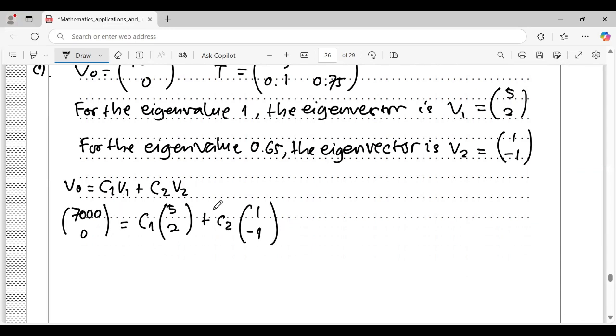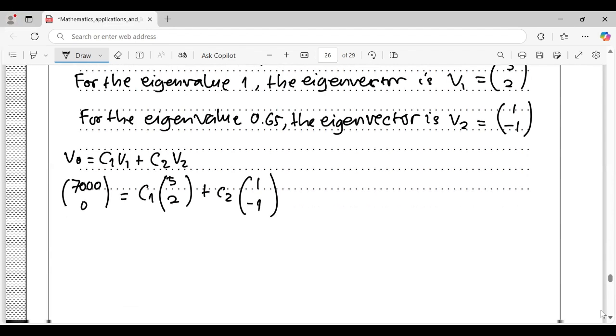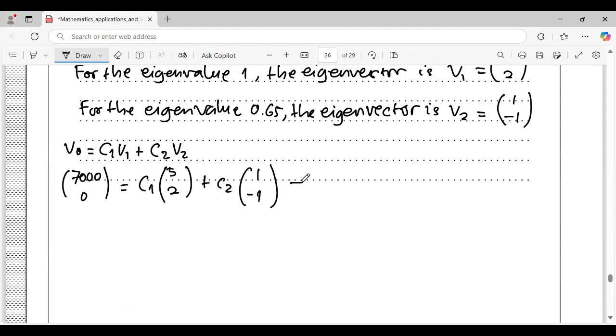So we're going to have two equations: 7,000 equals 5C1 plus C2, and 0 equals 2C1 minus C2.